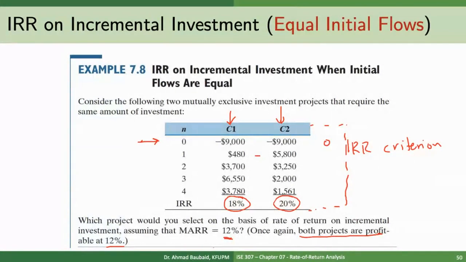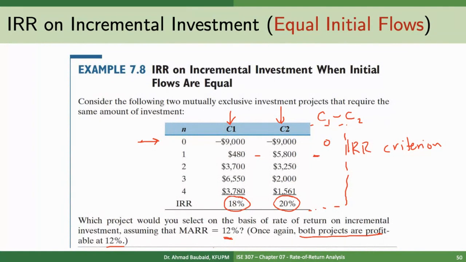In order to start with something negative here, I need to do C1 minus C2 to get a negative value. So I'm going to stick with C1 minus C2, just because after the 0, the first difference is negative if I do C1 minus C2. If I do C2 minus C1, it becomes positive, and I don't want to do that.